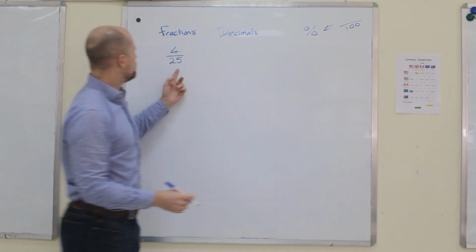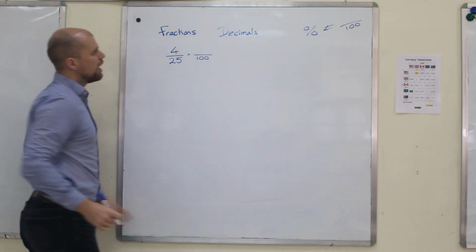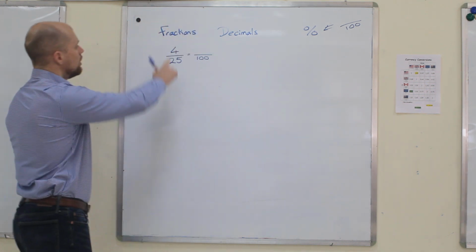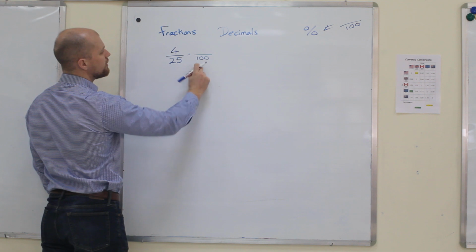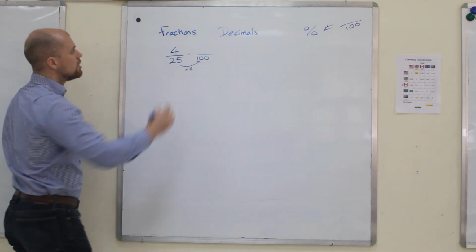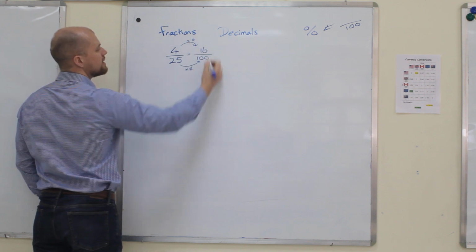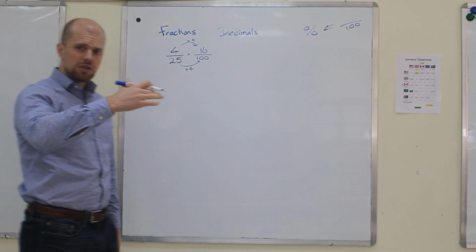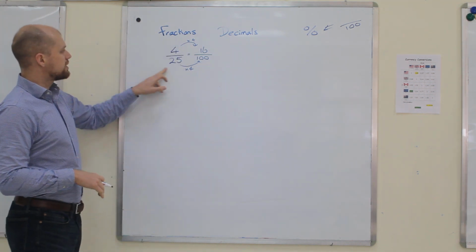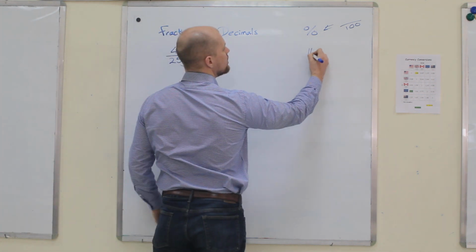So if I make the bottom of the fraction out of 100, I'll be able to convert it straight away into a percentage. 4 out of 25, to go from 25 to 100, I'm going to times by 4. So I'll do the same thing to the top, which will give me 16. Remember, what you do to the top, you do to the bottom of the fraction. So 4 goes to 16, 25 goes to 100, therefore it's 16%.